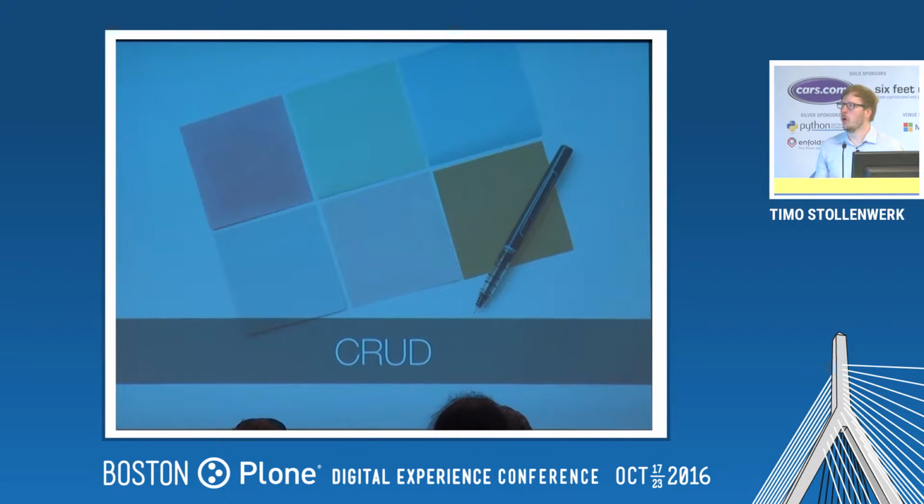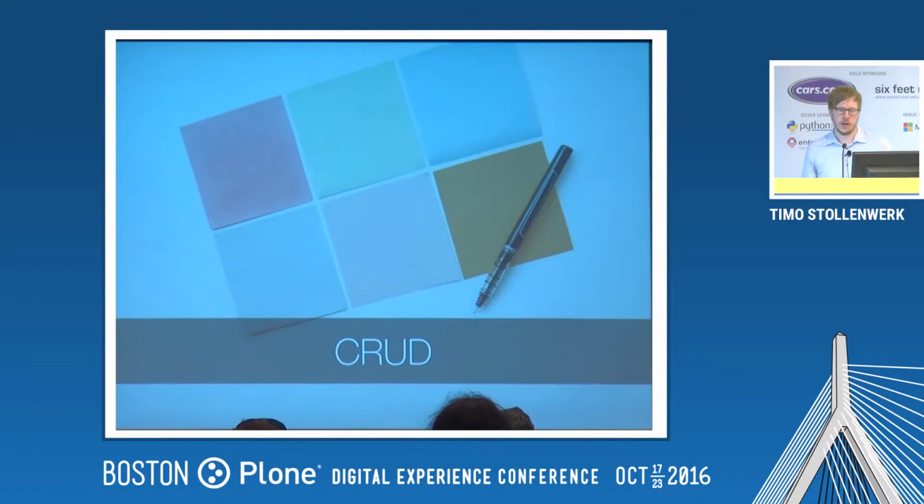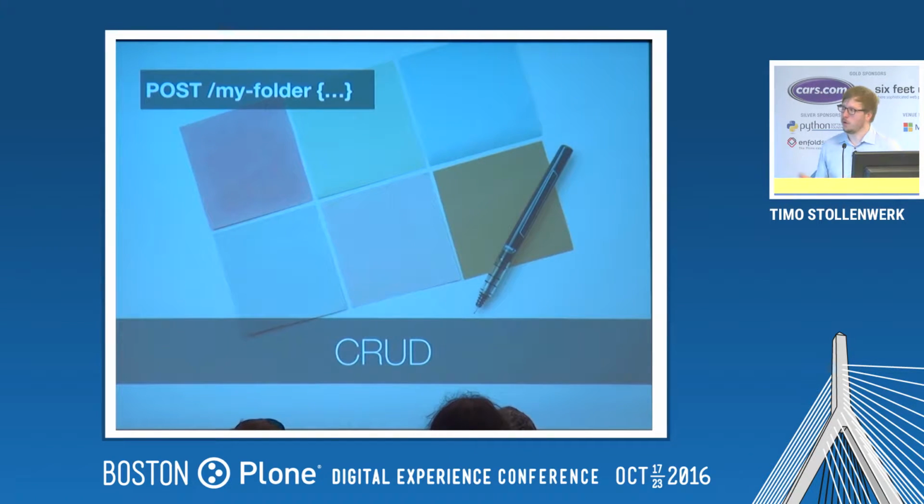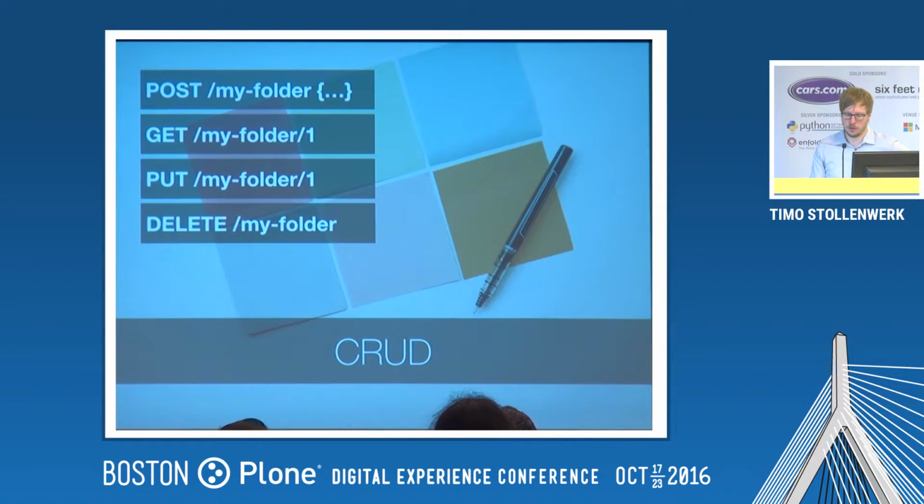Then you want to do more than just browsing, right? You want to interact with the content, and the term that is used for that is CRUD. CRUD means that you have four operations on your content that you might want to do. That's create, read, update, and delete, and that maps to HTTP verbs, which are POST, GET, PUT, and DELETE.